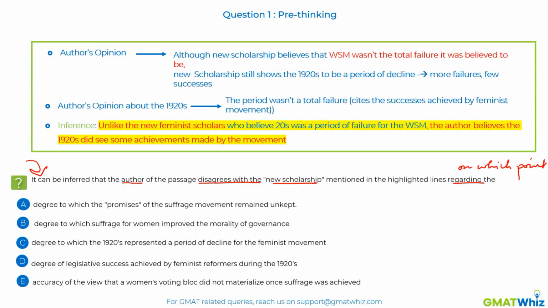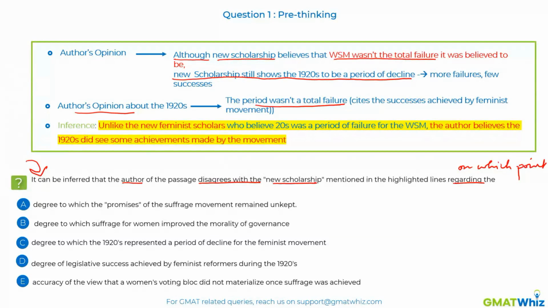Now, let's pre-think about it. The author's opinion was that the new scholarship believes that WSM wasn't a total failure. This was there in the first paragraph. But although this is there, the new scholarship still saw the 1920s as a period of decline. And this was about the new scholarship. And what is the author's opinion? The period wasn't a total failure.